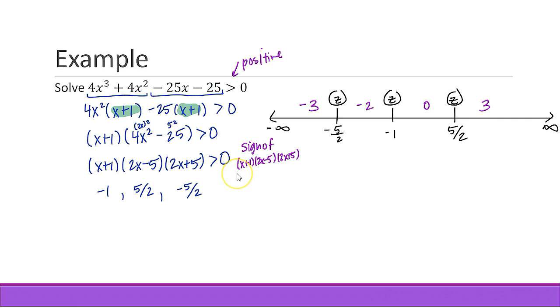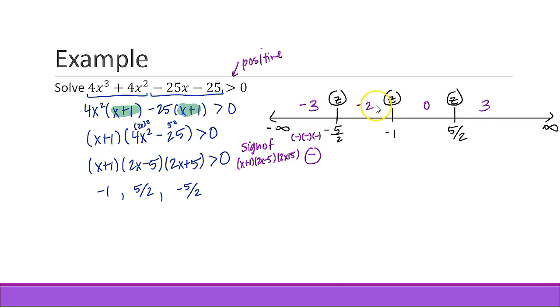So negative 3 plus 1, we have a negative. Here we'd have negative 6 minus 5, so negative, and then negative 6 plus 5, so still negative. So overall, this is a negative times a negative, so a positive, but times a negative would give me a negative.